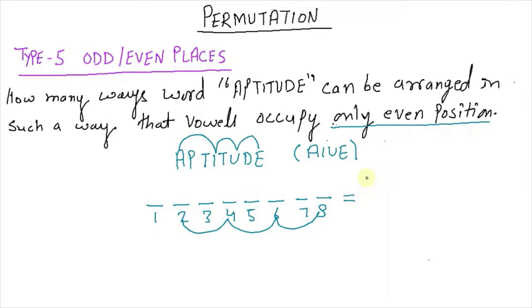So we have 4 places, out of which 4 vowels have to be arranged, means 4P4. Remaining letters we have are P, T, T, D. So these letters can be arranged in 4 factorial ways. As we can see, here T is repeated twice, so we will divide it by 2 factorial.